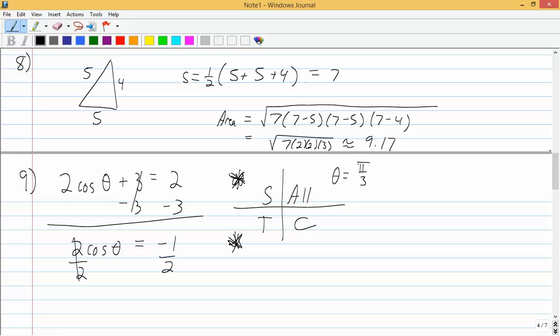If I want its multiple in the second quadrant, you say pi minus pi over 3, you get 2 pi over 3. If I want pi over 3's multiple in the third quadrant, you say pi plus pi over 3. You get 4 pi over 3. So your two answers are 2 pi over 3 and 4 pi over 3.